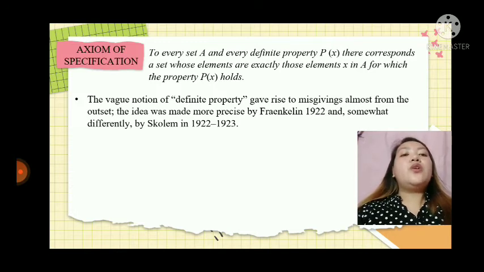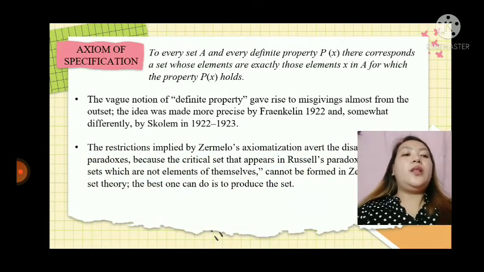The vague notion of a definite property gave rise to misgivings almost from the outset. The idea was made more precise by Fraenkel in 1922 and somewhat differently by Skolem in 1922 to 1923.